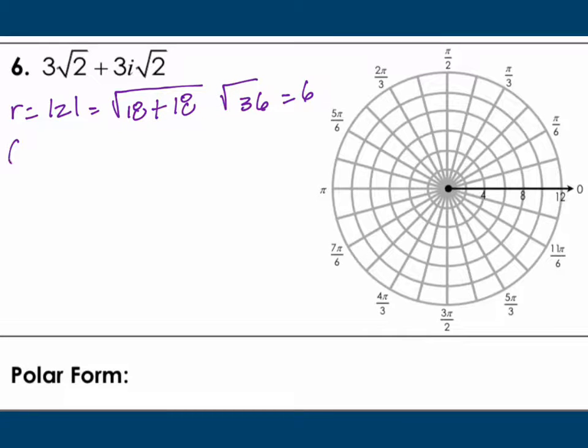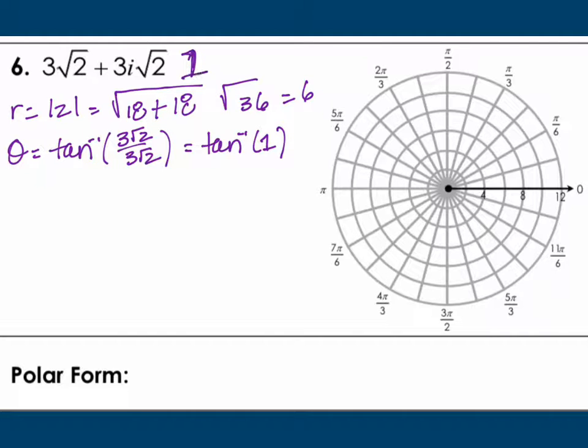And then theta is equal to the inverse tan of 3 square root of 2 over 3 square root of 2. And so you get the inverse tan of 1. And this is in quadrant 1, positive, positive. Tangent is 1 at pi over 4. So theta is pi over 4. So our coordinate is 6 and then pi over 4.